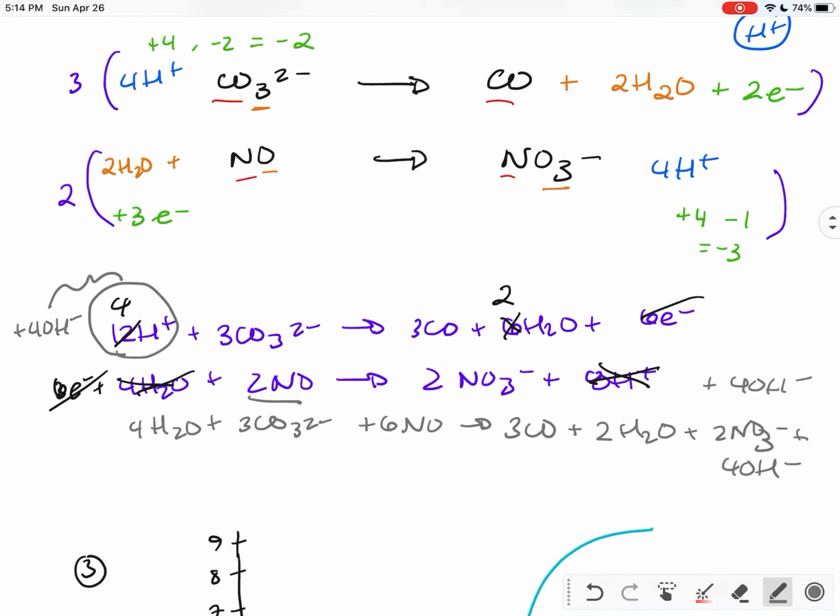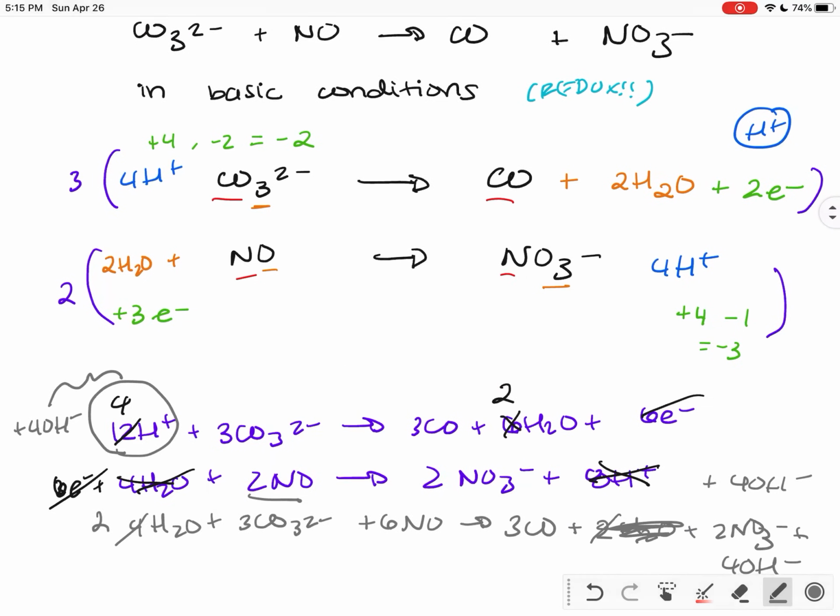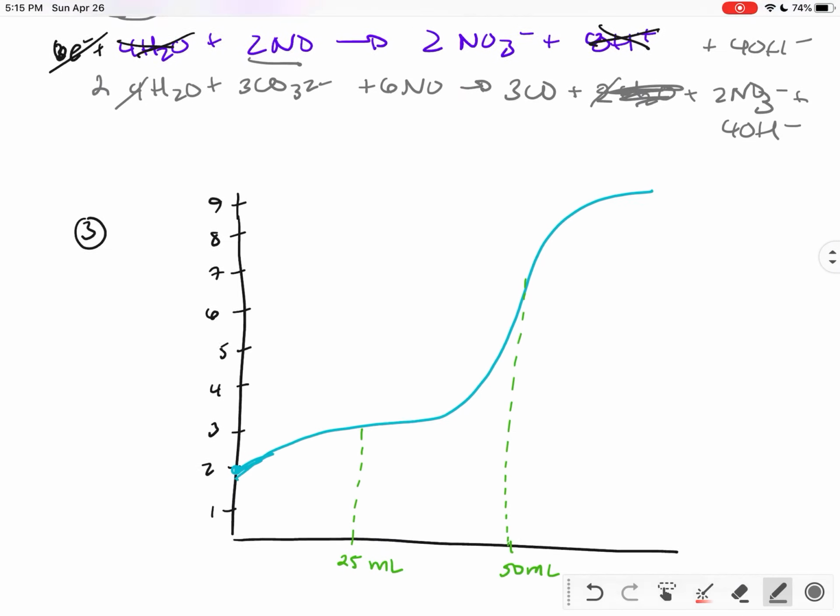Last but not least, we will just cancel that out. That's 2, and that should be our answer. So hopefully you got the same thing, and hopefully this was a good review as to how to balance redox reactions the hard way.